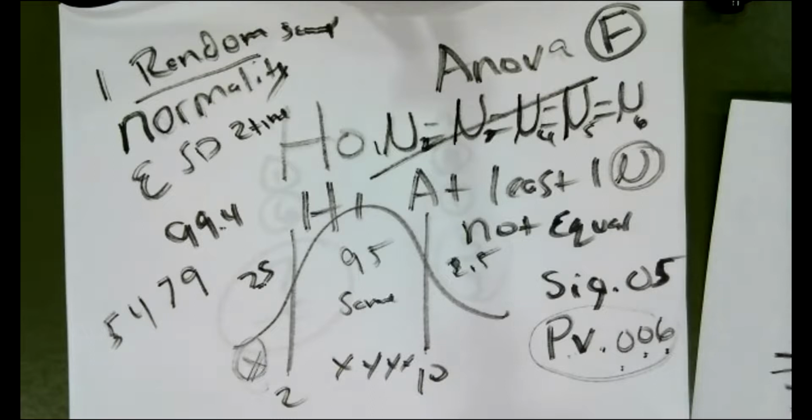So what we're looking at here are the assumptions to make sure that our ANOVA is accurate. We're checking independence, which is the original ANOVA test, which tells us if there's a variable in the test that's different. Then normality, which is skewness and kurtosis, making sure the data is normal.